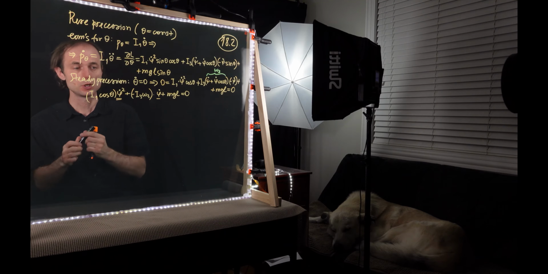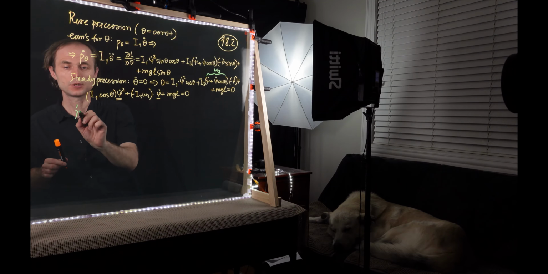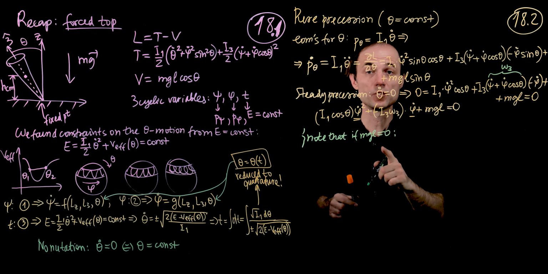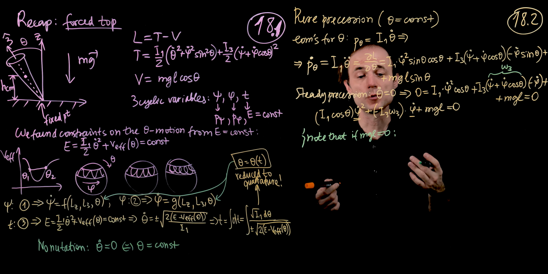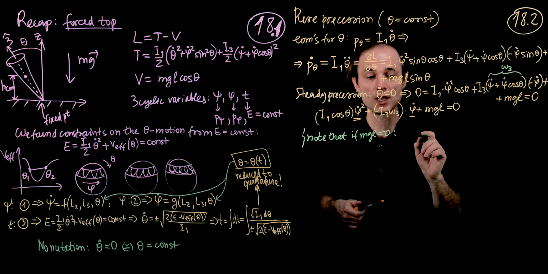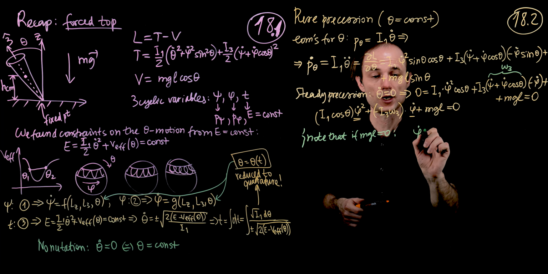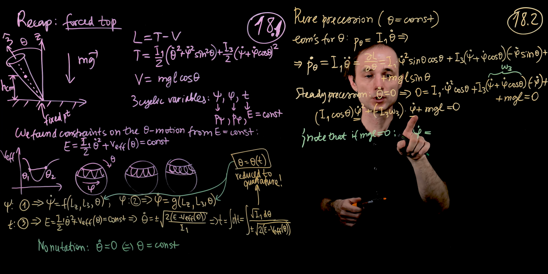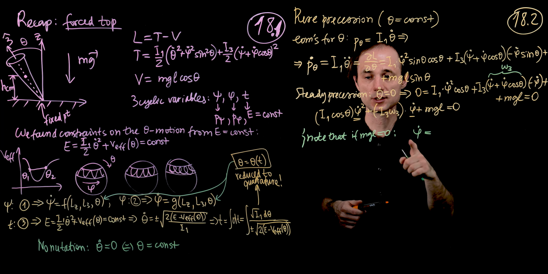So for instance, note that in the limit when there is no gravity, that is, we have a free precession of a spinning top, then one of the phi dots cancels out.